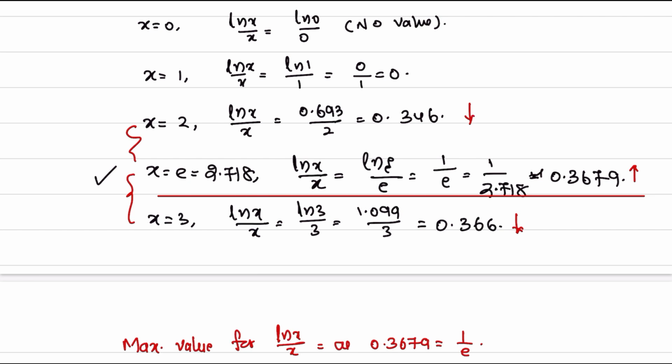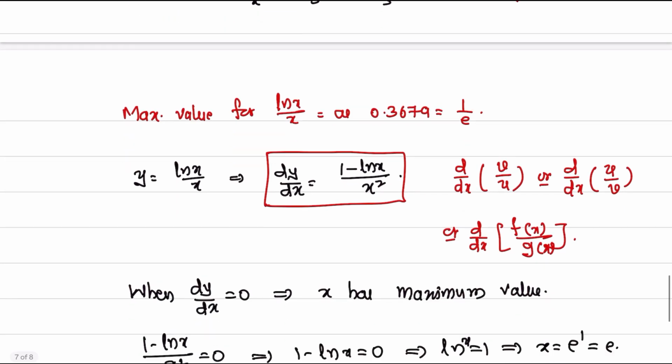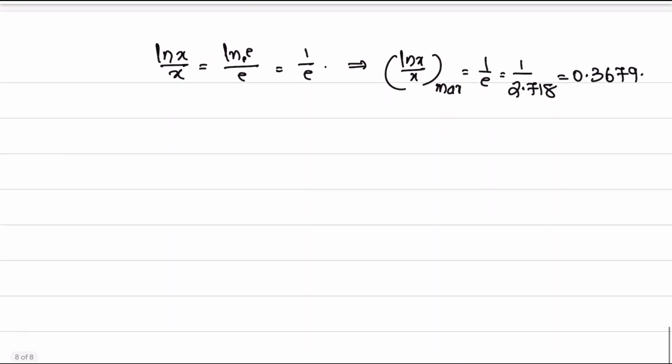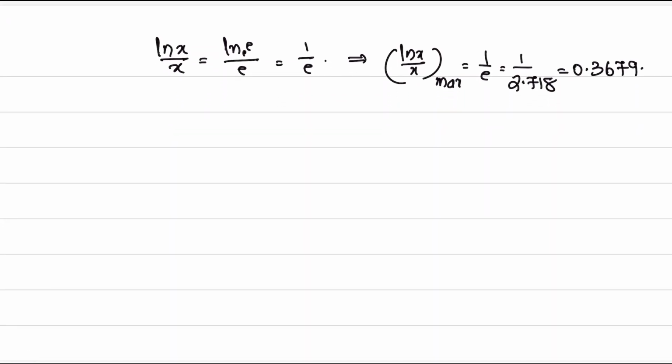But ln x by x will never be equal to 1 for real values. And as ln x by x is not equal to 1 in real values, it does not have any solution.